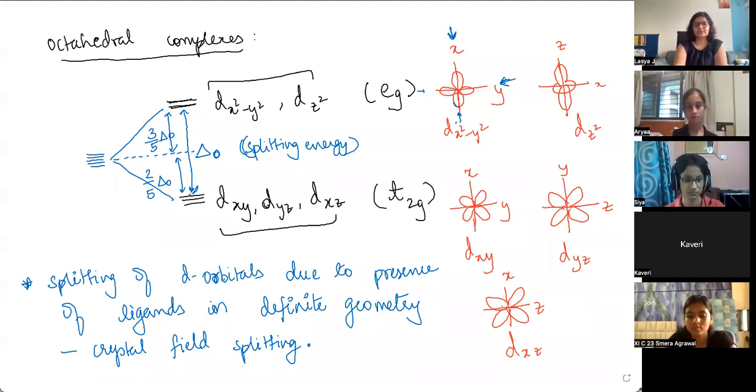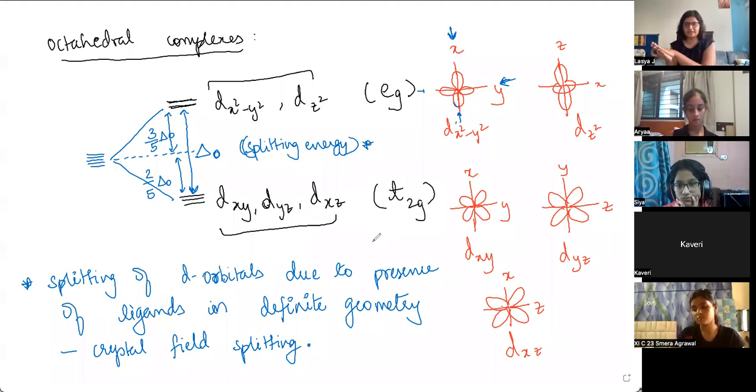Okay. So this is splitting energy. This is important. This will come into picture again, so just keep it aside. Now we know the basics: there is some sort of splitting happening. Like before, we can't have all 5d orbitals be equal. It depends on whether, when a ligand approaches, the split happens. Again, if you remember how electrons are filled, you always fill electrons in the orbitals with lower energy first, and then you go to higher energy.